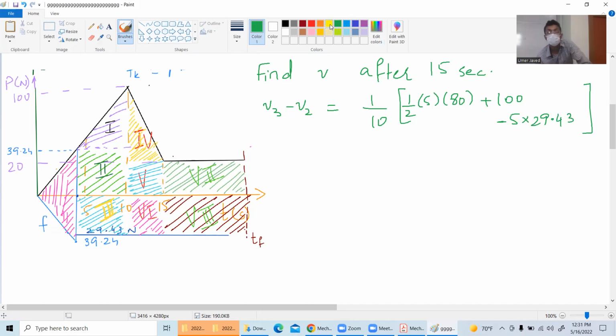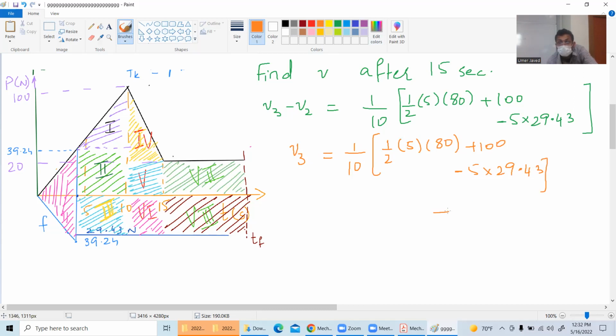Okay. Then I will get V2, I already got. So V3 comes out to be 1 over 10 into 1 over 2 into 80 plus 100 minus 5 into 29.4 plus the V2 that we found as 24.4.